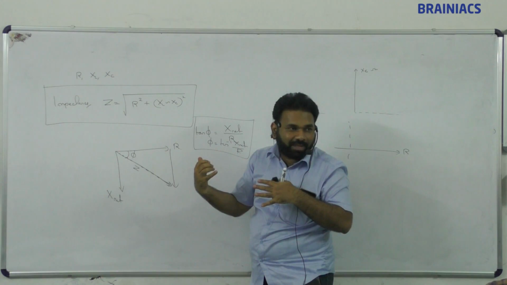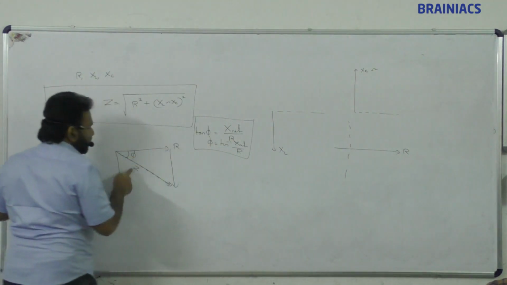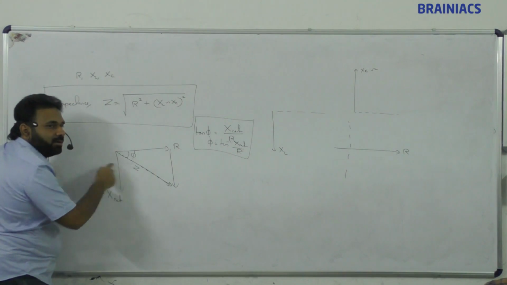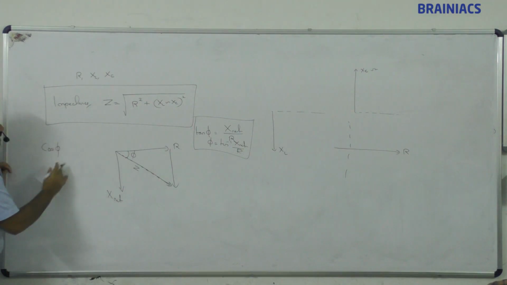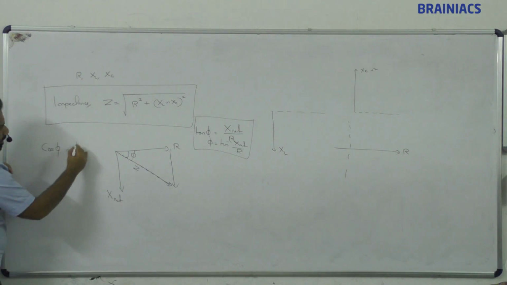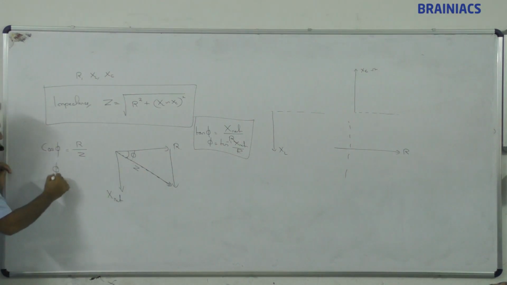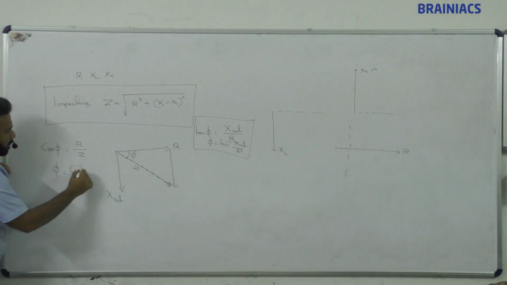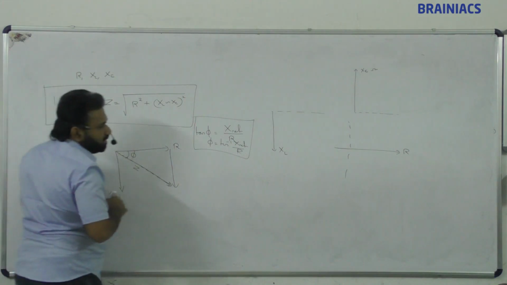Is that needed? Suppose impedance is given; we are strong with vectors and the basics. What we can do is use cos phi. Cos phi is equal to R by Z. So phi is equal to cos inverse of R by Z. Done, over. It depends on the situation.